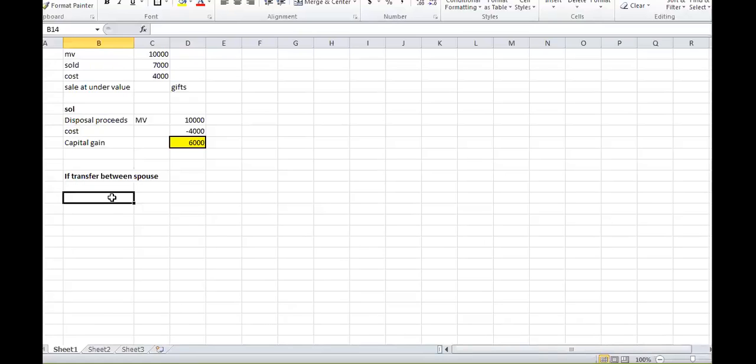So students, please remember, whenever there is a transaction between husband and wife, we will ignore the actual selling price. In that case, cost will become disposal proceeds. So what is cost? £4,000.